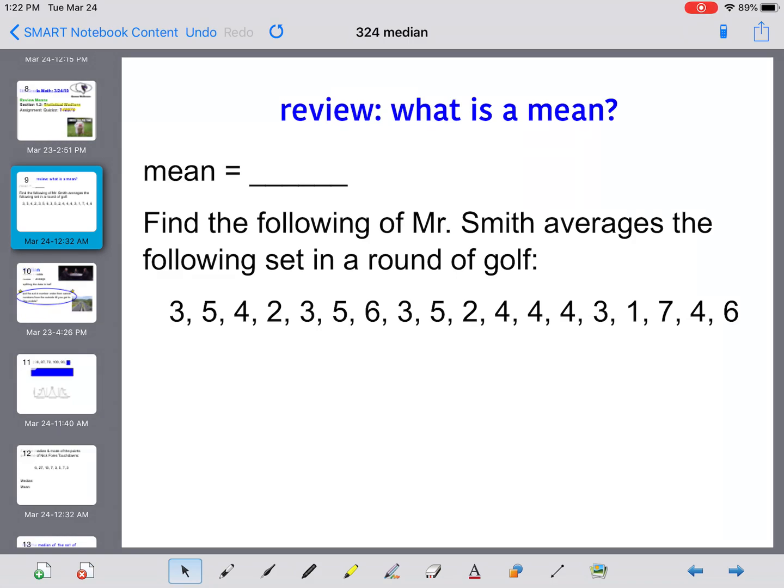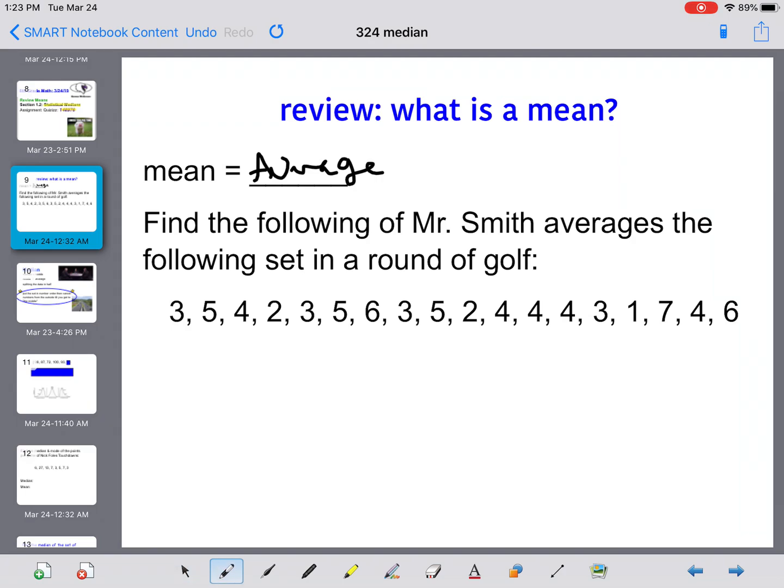What is a mean? Really, all that a mean is, what do we think? It would be an average. So, an average. I'm trying to get better with writing on my iPad here, so that is supposed to say average.